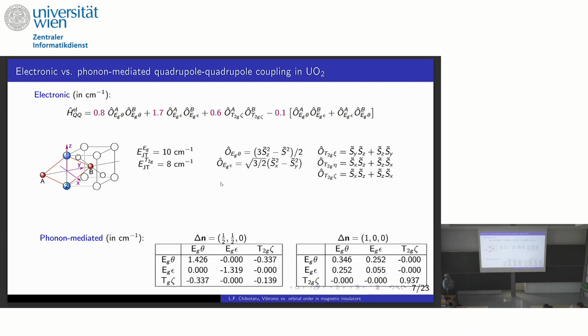And these, in magenta, we show also in cm^-1 the pure electronic contribution. And what you can see is that phonon-mediated contributions are not smaller. On average, they're even higher than this pure electronic contribution to the quadrupole coupling between uranium atoms.